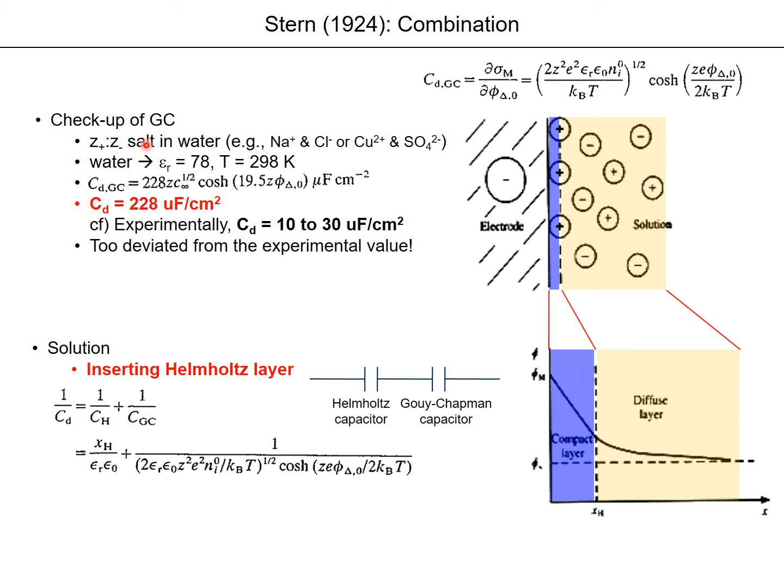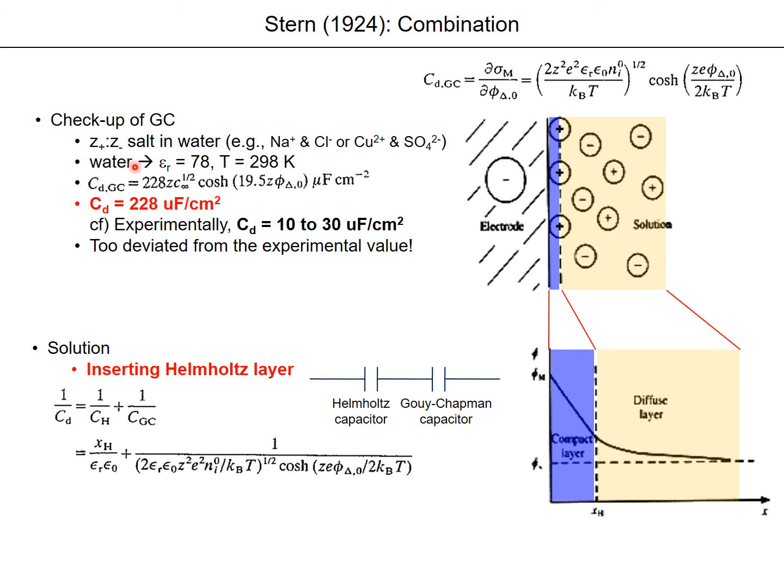It means we have the same number of charges for both anions and cations. Sodium chloride has 1 plus and 1 minus, and copper sulfate has 2 plus and 2 minus. So we are thinking about this kind of Z plus to Z minus salt.